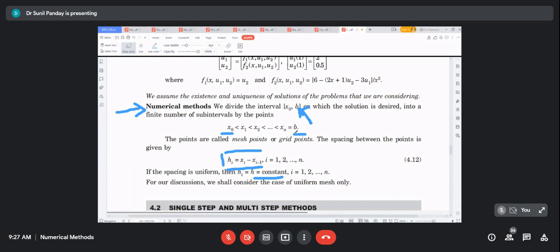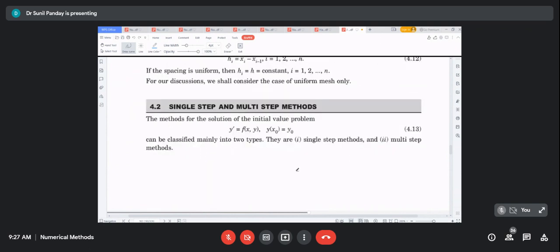So we divide the given interval into n equally spaced subintervals, and from x naught we calculate x1, then x2, and then xn, and finally we say this is the value of y at x equals b. There are two kinds of methods: one is the single step method and one is the multi-step method.